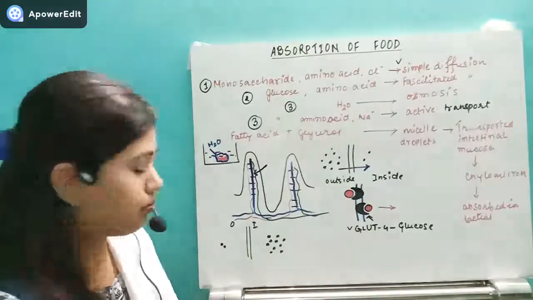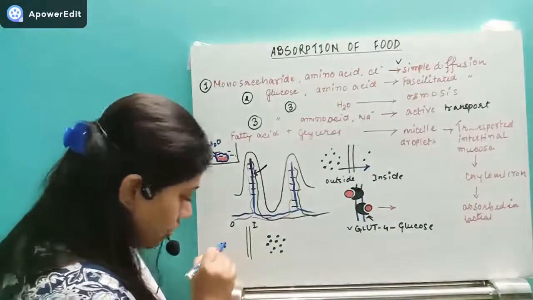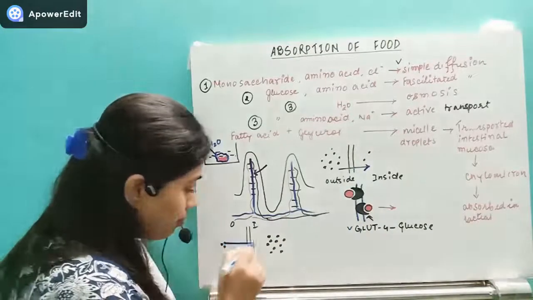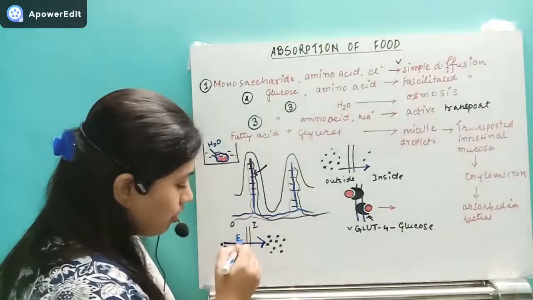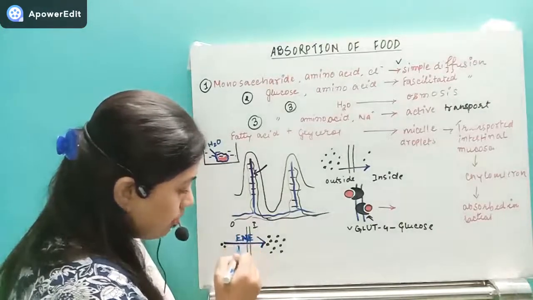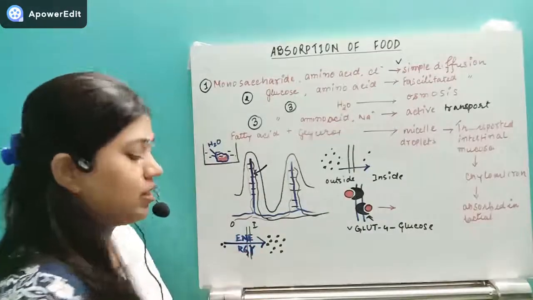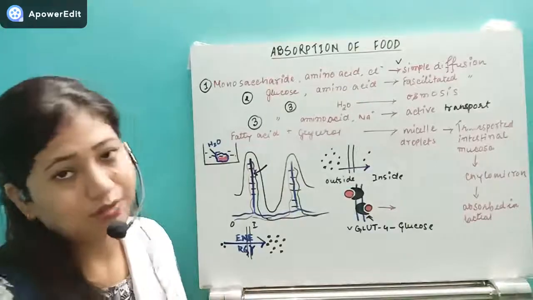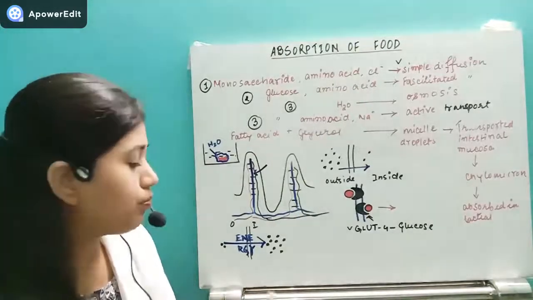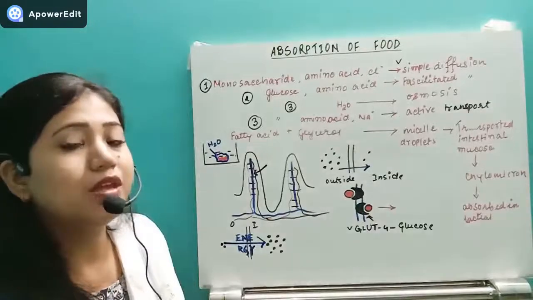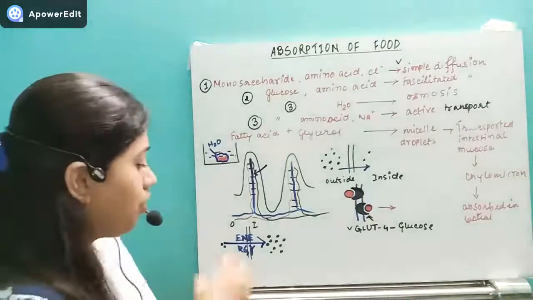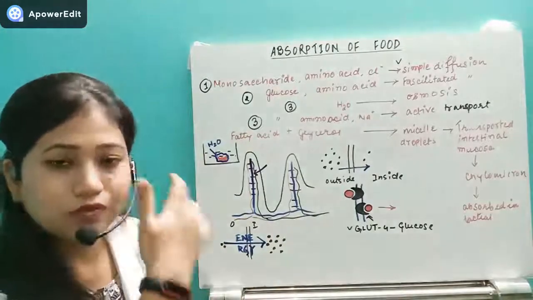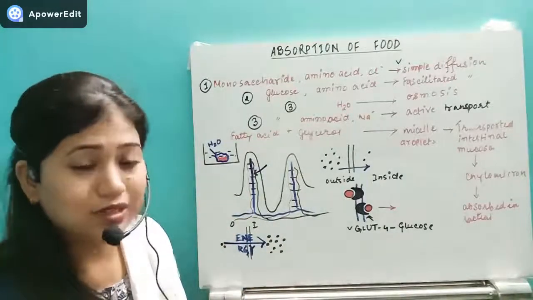In that case, even if these molecules are fewer outside, with the application of energy they will be accepted by the cell, and will enter inside the cell. This is not the natural law, but still, by the utilization of energy, we will accept the nutrients, any type of digested food molecules, inside the cell.